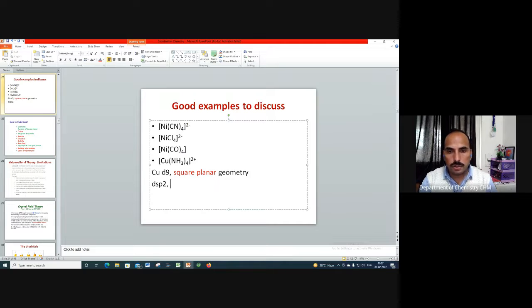So when people say, why don't you excite that one electron from 3d to the outer 4d orbital, and then you can have dsp2.